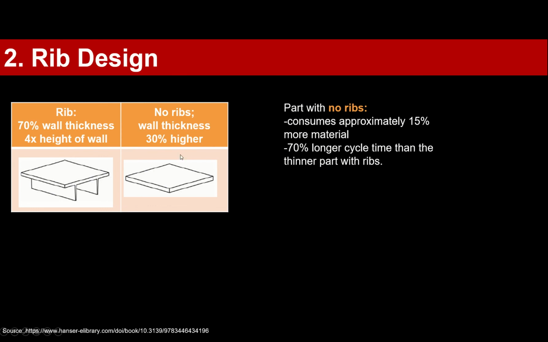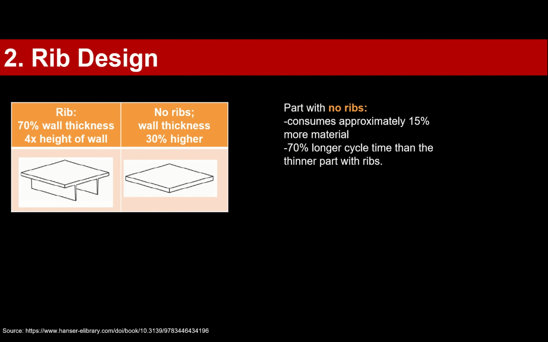Here on the other hand, we have no ribs, it's just a base plate. The wall thickness is 30% thicker compared to this example here. And when you look at the overall manufacturing and material consumption, this part with no ribs consumes approximately 15% more material, and also due to the thickness, because it goes into the square with cooling, we have a 70% longer cycle time than with the thinner part with ribs.